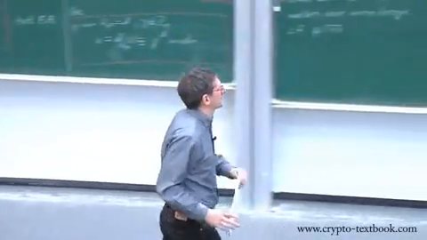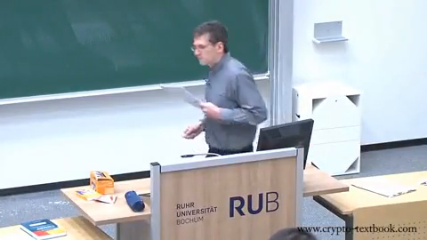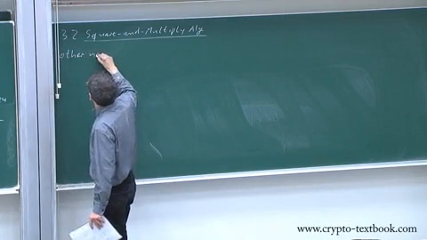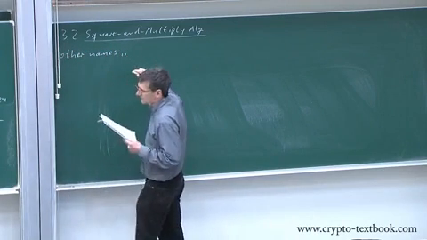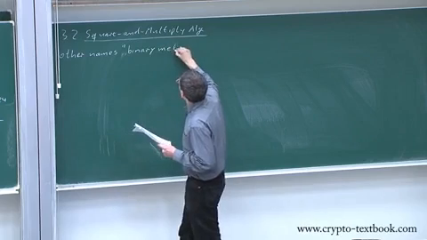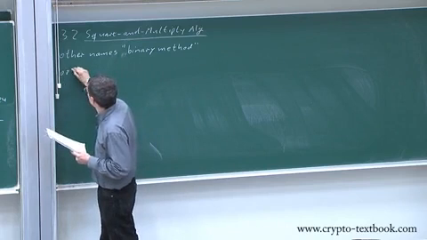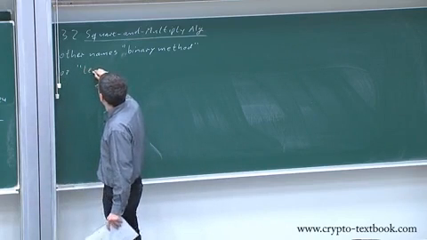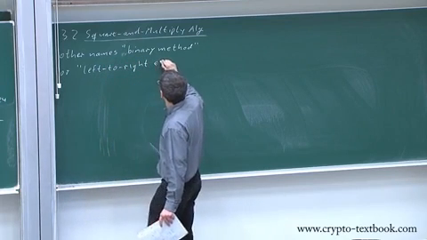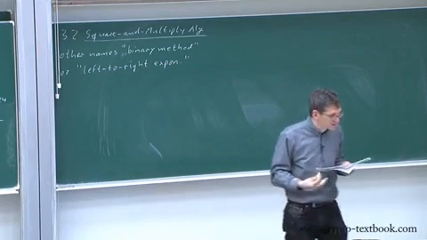So, coming back to the square and multiply algorithm. Other names for this method are the binary method, which is a name I don't think is that great, or left to right exponentiation, which is a name that I do like, but I prefer square and multiply.